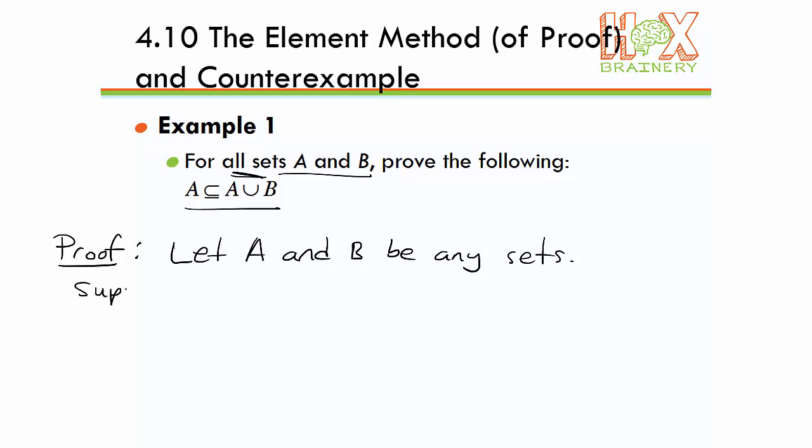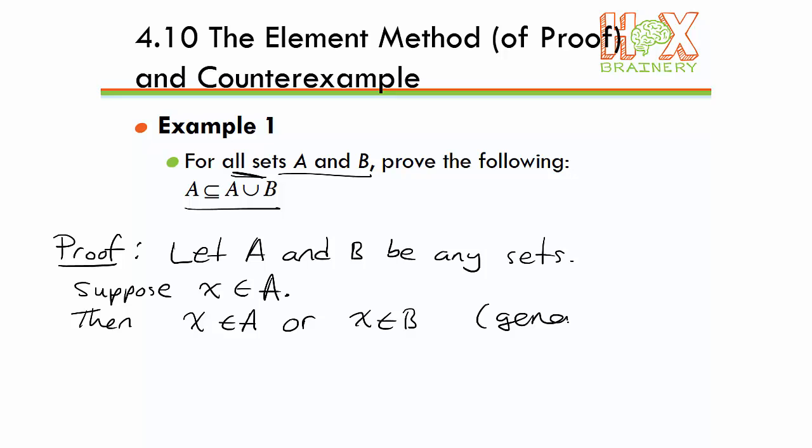And then we're going to suppose x here is an element of A. So we have x, which is a particular yet arbitrarily chosen element of set A. Then x is in A or x is in B. This is a generalization here.